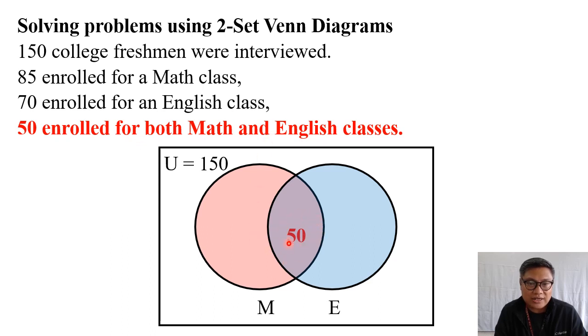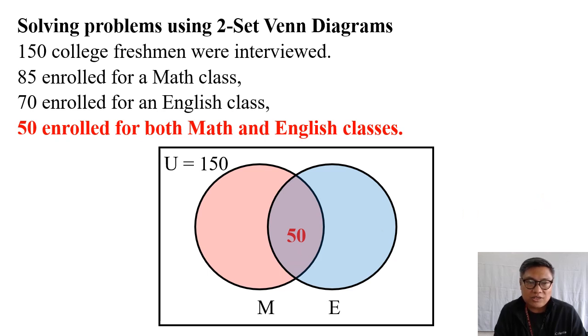This is where we usually start, because using subtraction later on, this will tell us how many will be put on the side of English and how many on the side of math. So there is a total of 50 freshmen who had both math and English classes. This is what we usually look for to start with: the intersection of the two sets.